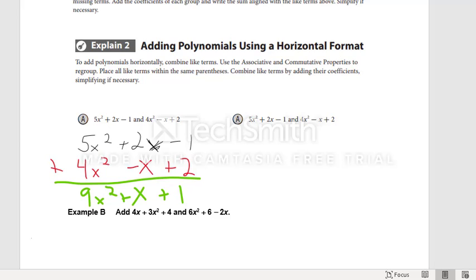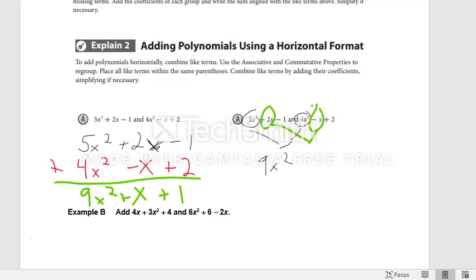Now we can do this horizontally as well. What I kind of like to do is identify what I have. I have a 4x squared and a 5x squared. Combine them and I get 9x squared. I have a 2x and a minus x. Make sure the negative goes with it.